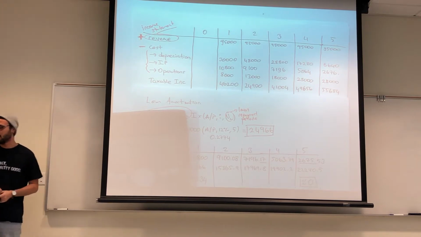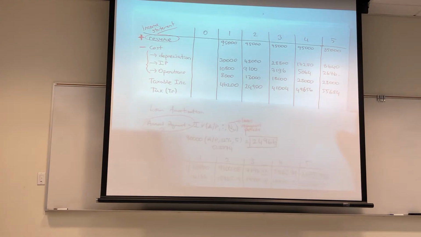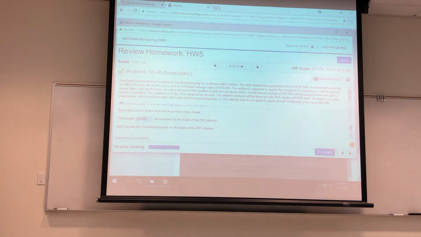We did taxable income. Now we move on to the next step, the tax. Our tax rate is given as, let's go back to remember. The tax rate is right here. It's another parameter we're going to use, 35%. We're going to use that when the taxes are involved.